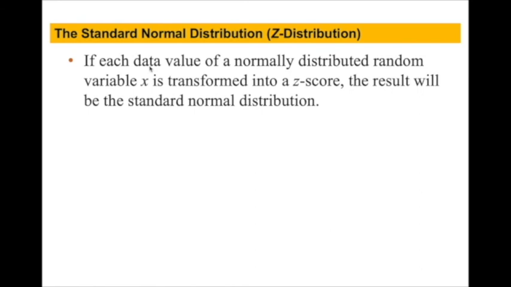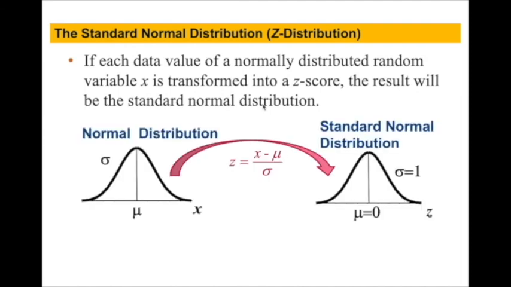If each data value of a normally distributed random variable x is transformed into a z-score, the result will be the standard normal distribution.